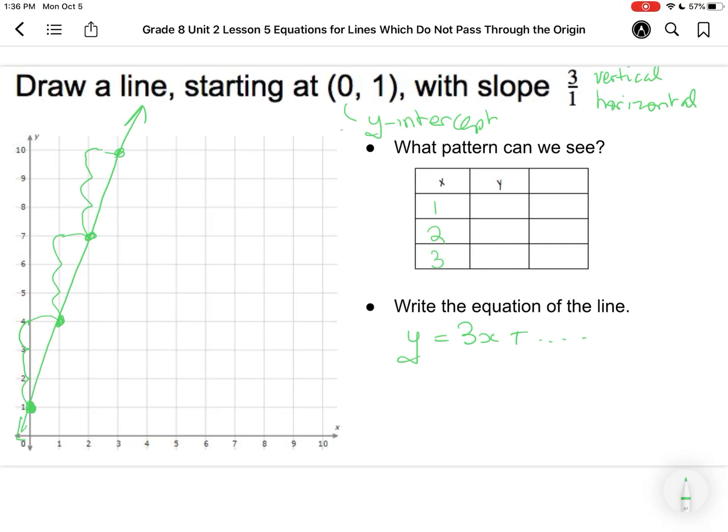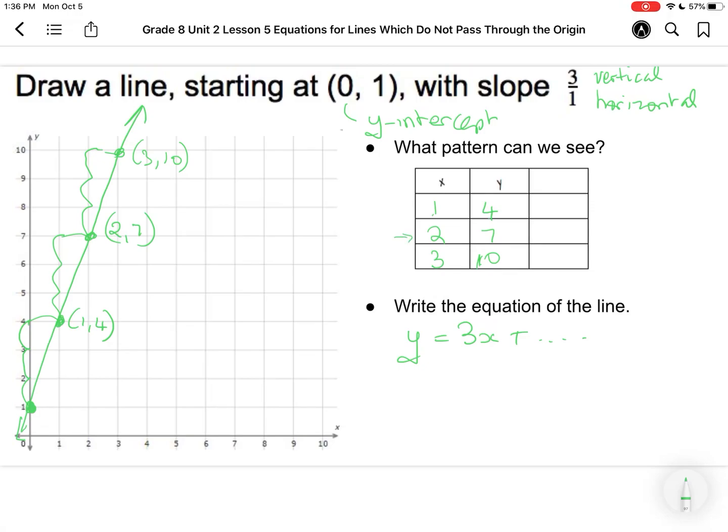So when x is 1, y is 4. When x is 2, y is 7. When x is 3, y is 10. And so what we have here each time is that we multiply x by 3 still. 3 times 1 is 3, plus 1 is 4.